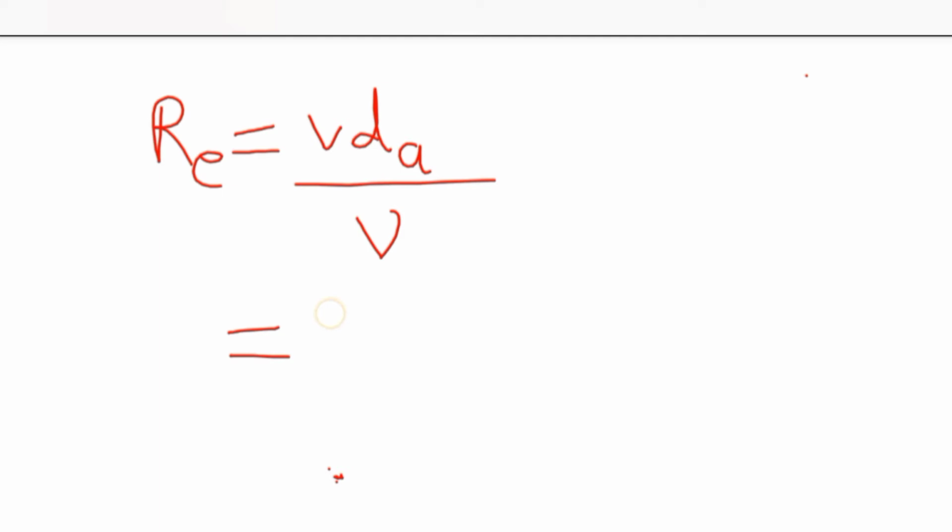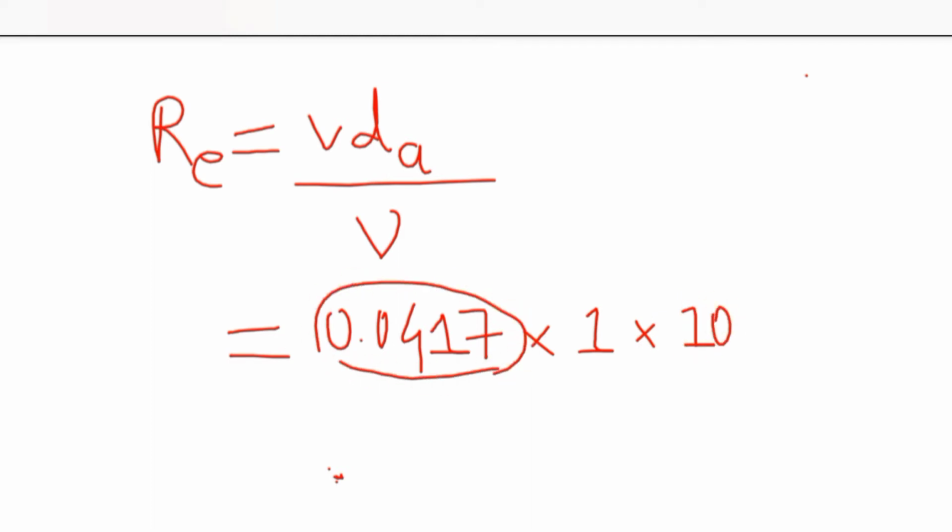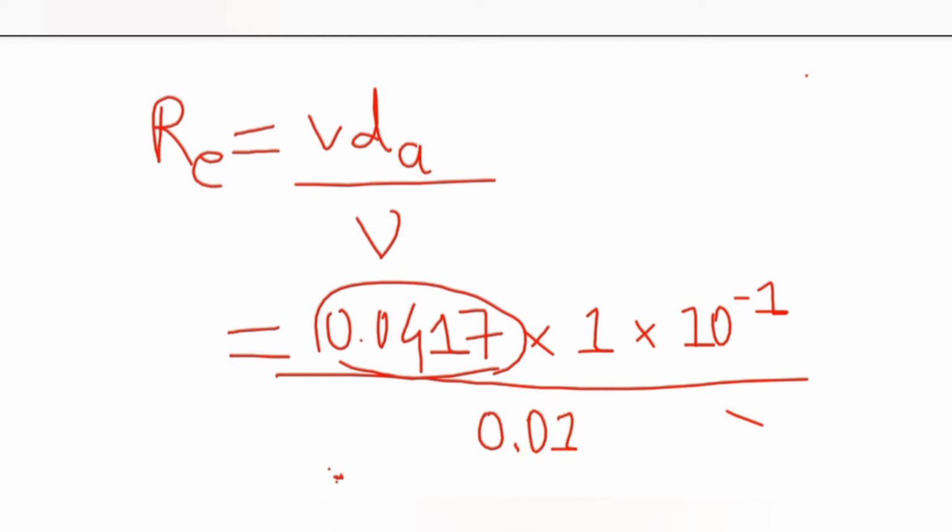So V is 0.0417, dA is 1 mm, so I'll convert it to centimeter as we have written the discharge velocity in centimeter per second. So 1 into 10 raised to minus 1, divided by nu, that is kinematic viscosity, 0.01 centimeter square per second. So Re comes out to be 0.417.